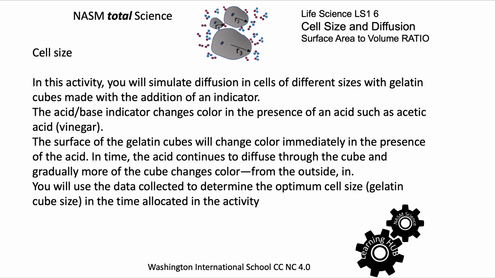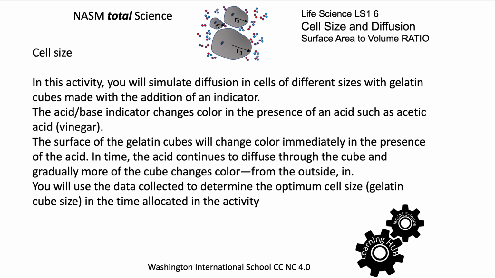So we're going to simulate diffusion in cells of different sizes with gelatin cubes made with the addition of an indicator. The acid-base indicator will change colour in the presence of an acid such as vinegar, acetic acid.